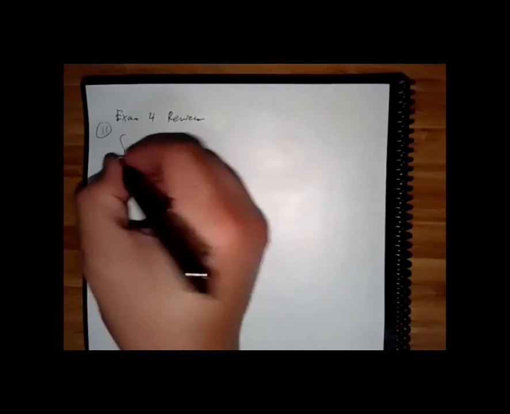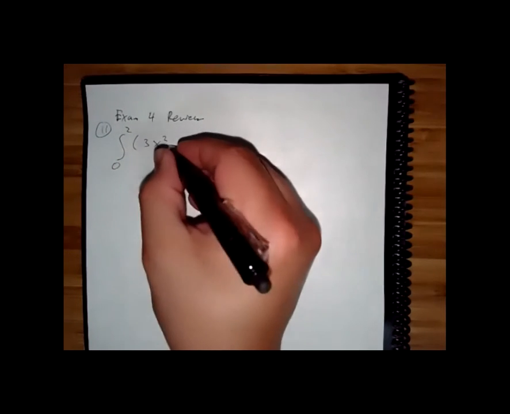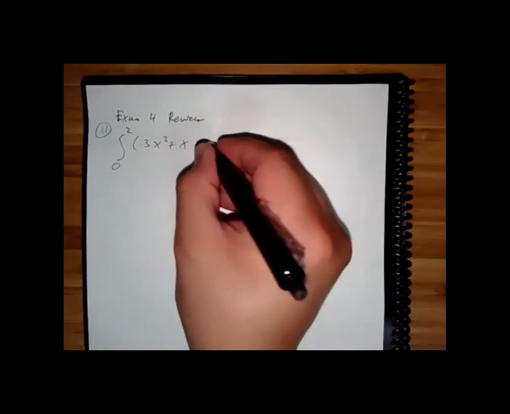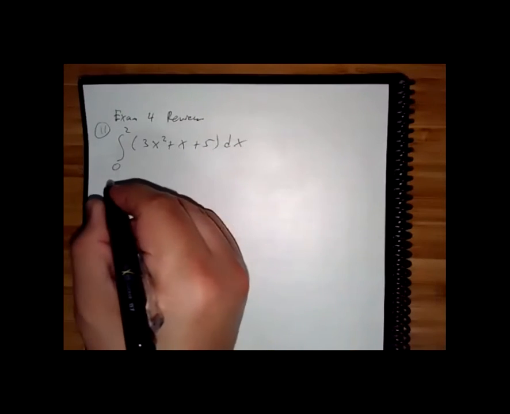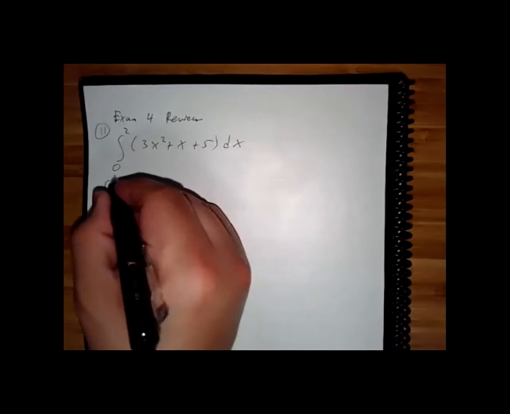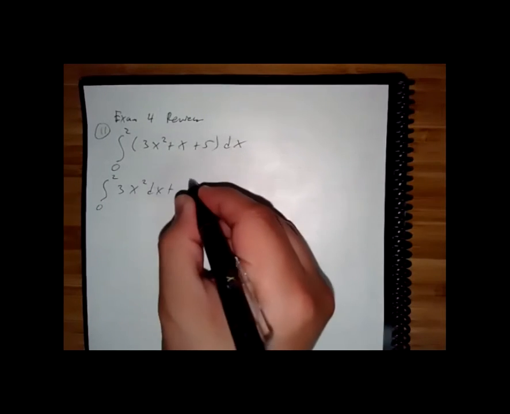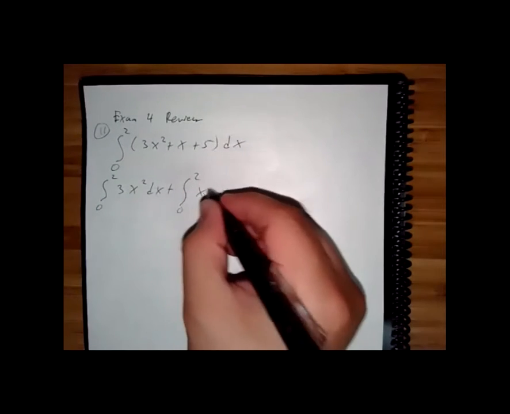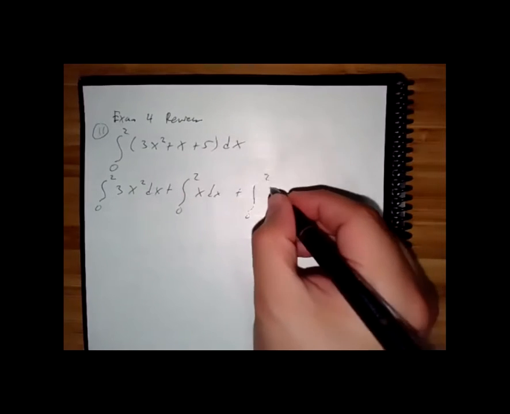All right, integrate from 0 to 2, 3x squared plus x plus 5 dx. So 0 to 2, 3x squared dx plus 0 to 2, x dx plus 0 to 2, 5 dx.